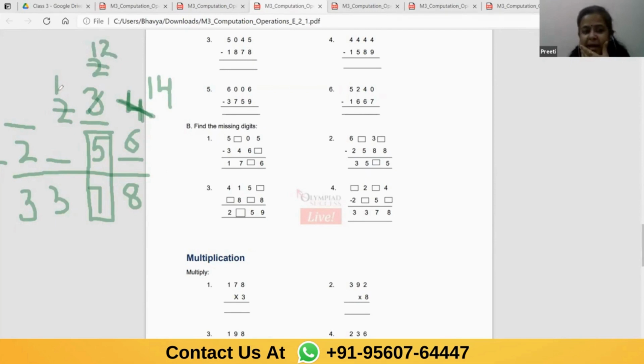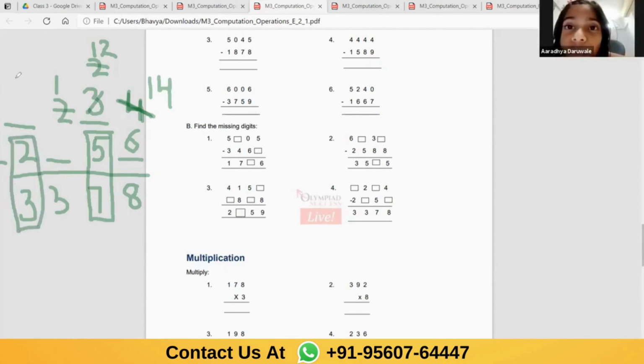Now can I subtract any number from 1 so that I get 3? No, I can't do it. So I will have to borrow again. Okay, how to get this number? Just add these two numbers which are given. 5. This will help. If I write 5 here, but I am borrowing from 5, so it will be 4.